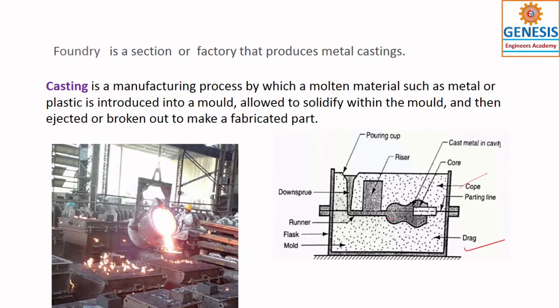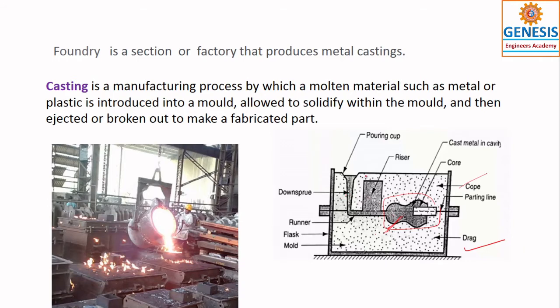And there are several types of gating. What does gating mean? The liquid comes from the top of the mold cavity. This is the cavity we are using, and we want this part as our casting. In order to fill this mold cavity, the metal has to pass through several things.